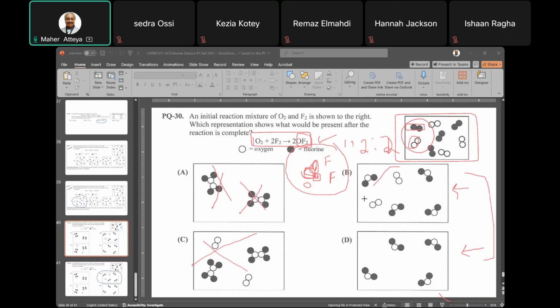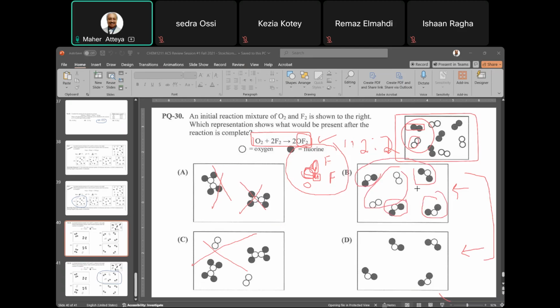This one here shows you 2 molecules of oxygen will give you how many? 4. 4 of what? Of the oxygen difluoride. Everybody's following me? So the ratio is 2 to 4, which means 1 to 2. So the answer is this one here, because it shows the ratio between the oxygen and fluorine.